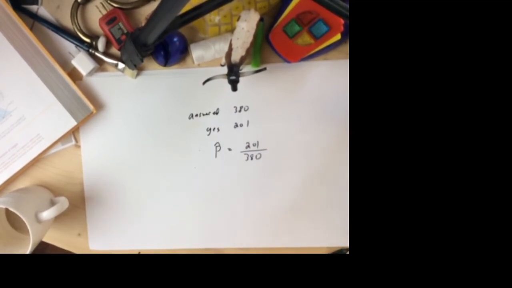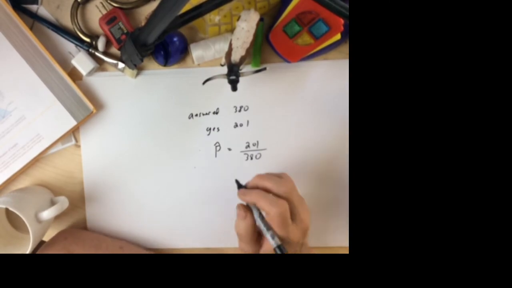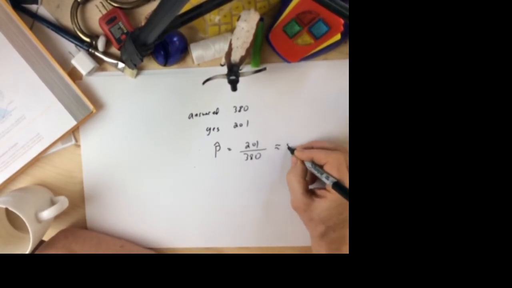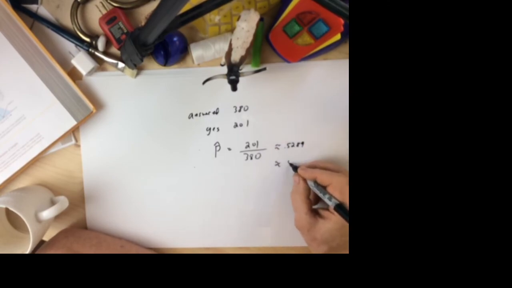Now I've got to pop up a program here to tell me some values. And what we get is 52.89, or 53%.